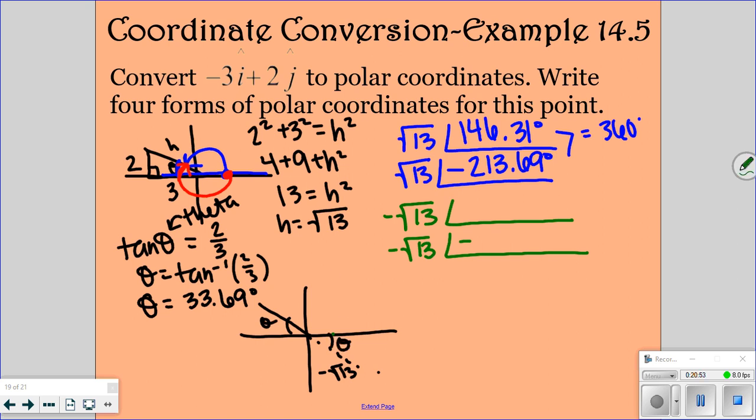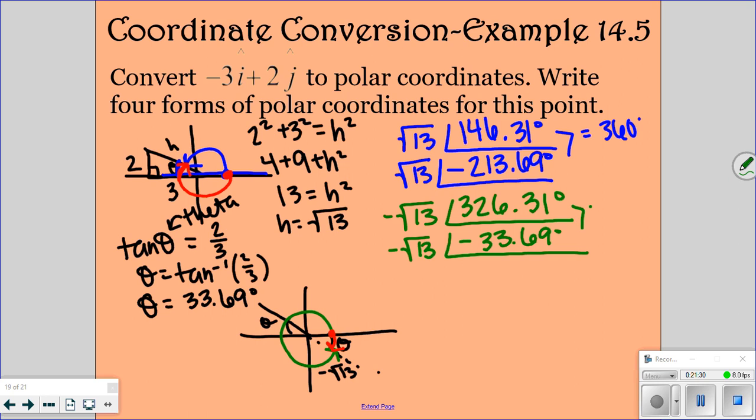So if we go positively, we're going to come all the way around here to here. We went almost a whole circle, but we didn't go this theta part. So we would do 360 minus theta, which would give us 326.31 degrees. And then we could have gone negatively, and that would just be going down, and that's going to be whatever theta equals. And so that's going to be negative 33.69 degrees.